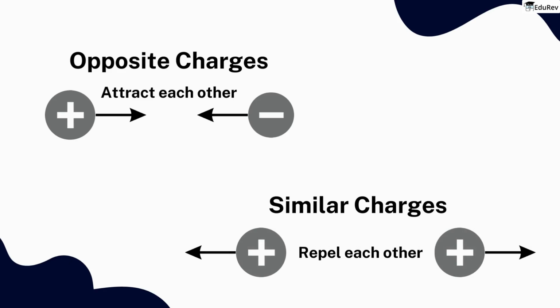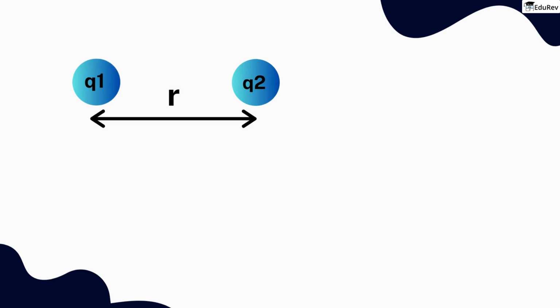Let's derive Coulomb's law step by step. Consider two charged particles with charges q1 and q2 and let the distance between them be r. According to Coulomb's law, the force between the two particles, F, is directly proportional to the product of their charges, q1 into q2, and inversely proportional to the square of the distance between them.